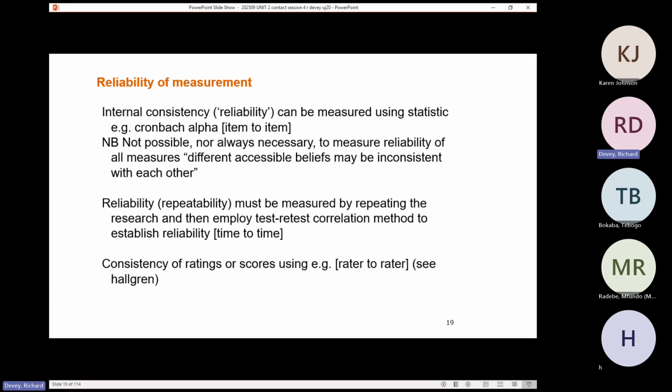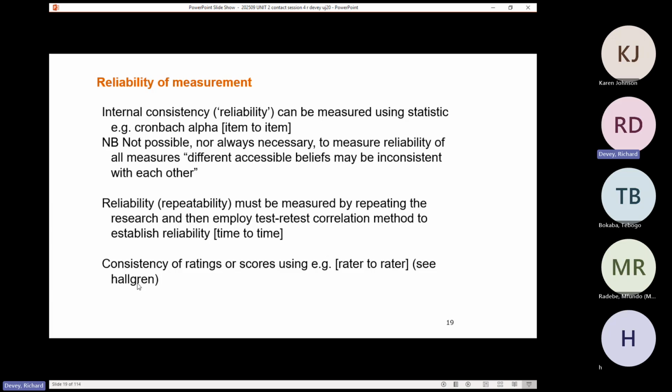We correlate the variable at the first time and the variable at the second time. Obviously, the stronger the correlation, the more likely there is to be repeatability in the measurement. For consistency of rating scores, we use something called a kappa score, or there are other measures we can use as well.